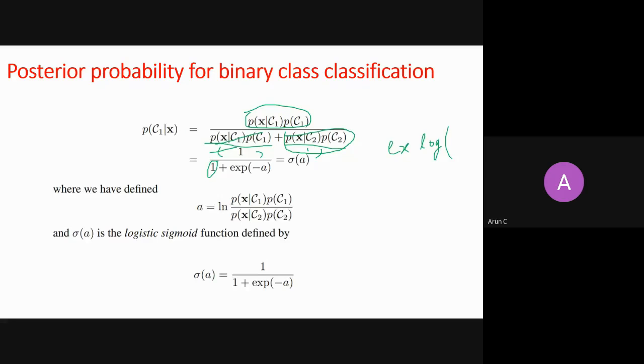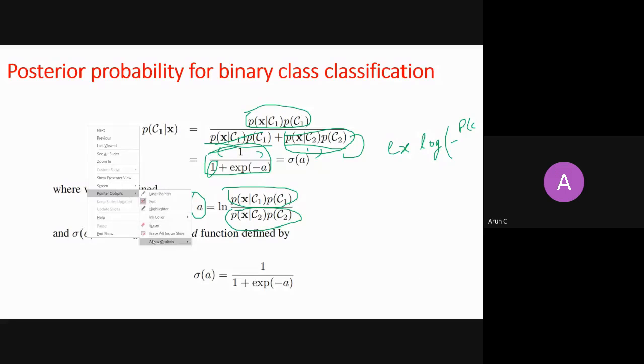The exponent will cancel the log, so it will not affect anything. Then I take the negative of this and flip this fraction. So now probability of C1 comes in the numerator and probability of C2 comes into the denominator. I am representing it with A. Effectively, this will not change anything; I am just juggling with these terms, and this is all mathematics.